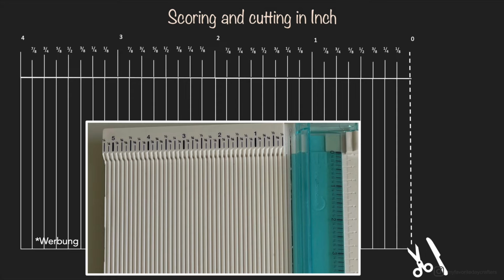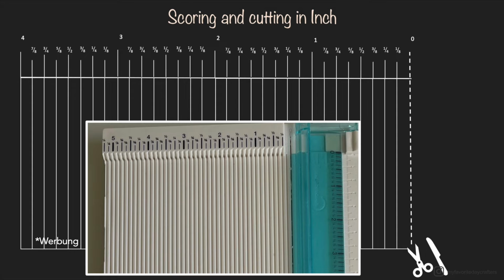And because it comes with a scoreboard, there of course is no grid printed onto the board. However, you could of course use the scoring lines as a grid, and this makes it perfect to align your cardstock with the scoring lines, even for the eighths.